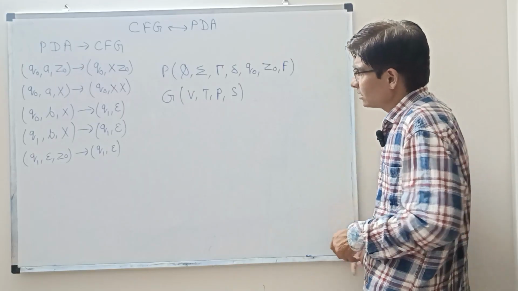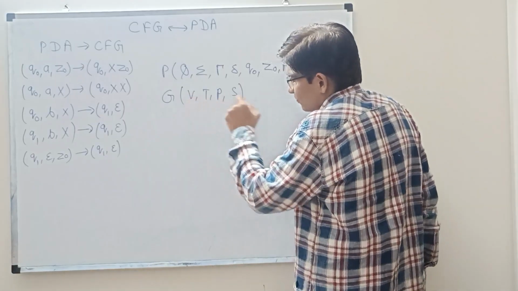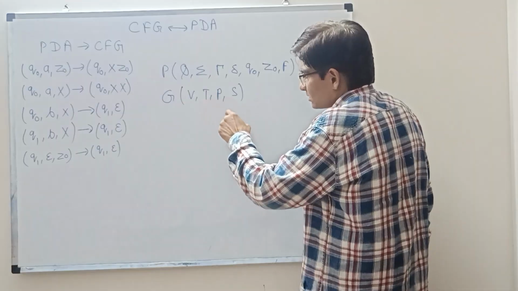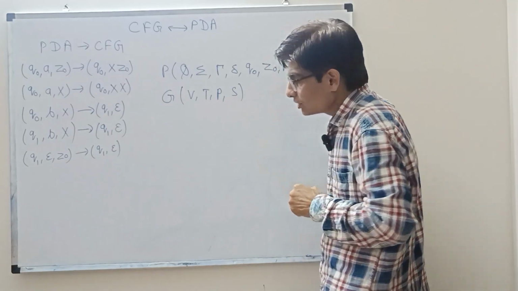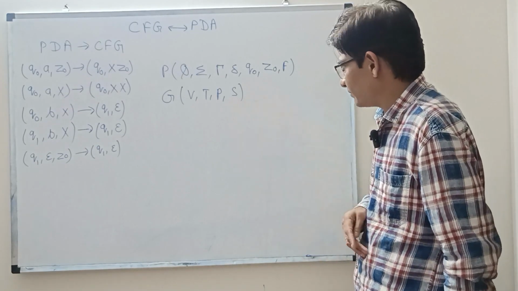As you know, in a grammar we have a set of variables, a set of terminals, a set of production rules, and a start variable. S is the start variable here.